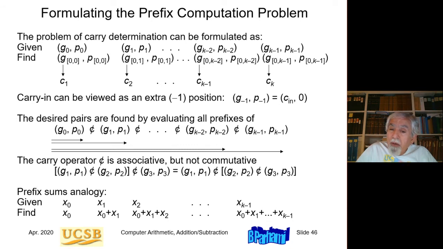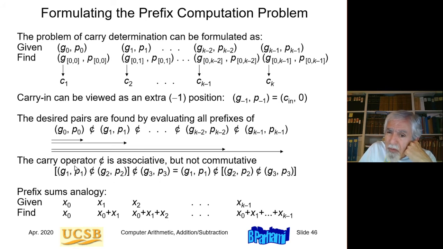Now this carry operator is associative, meaning that it does not matter. So if I'm trying to compute the prefix consisting of the first 3 terms, G0, P0, G1, P1, and G2, P2, or G1, P1, G2, P2, G3, P3, okay?